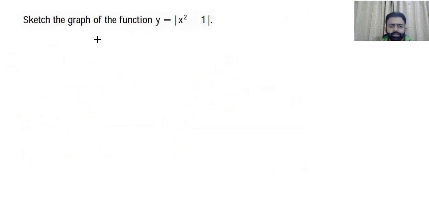Example number 2 says, sketch the graph of the function y equal to mod of x square minus 1. Okay, this modulus won't let you live easily. So the solution is, I should start with the very basic function y is equal to x square.